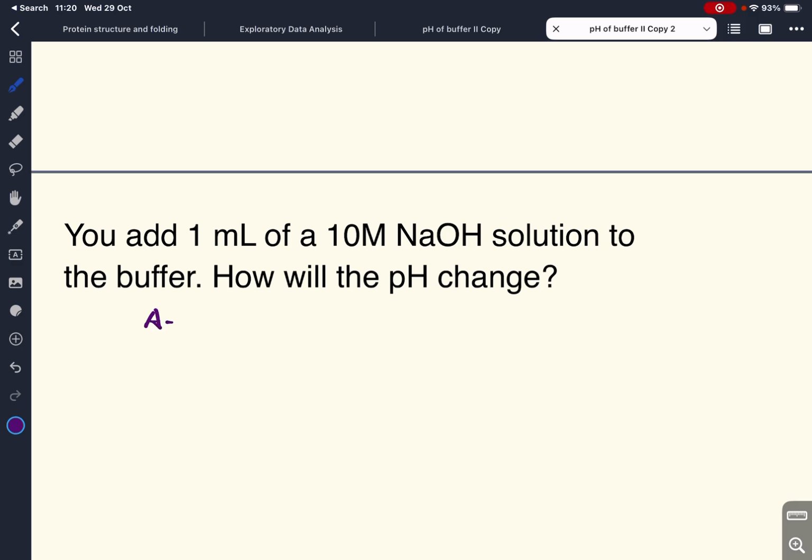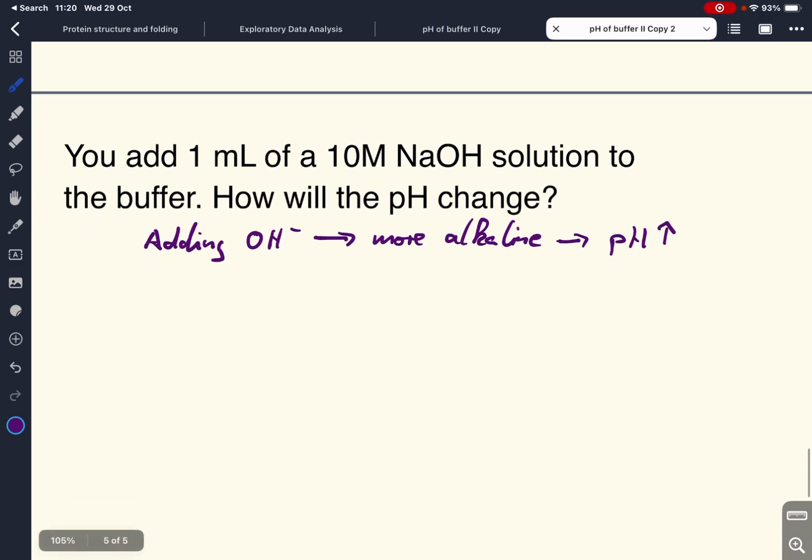So adding OH minus would make the buffer more alkaline, and therefore we would expect that the pH would increase. But how much? Okay, let's calculate the number of moles of the sodium hydroxide, mole OH minus, that we have here.